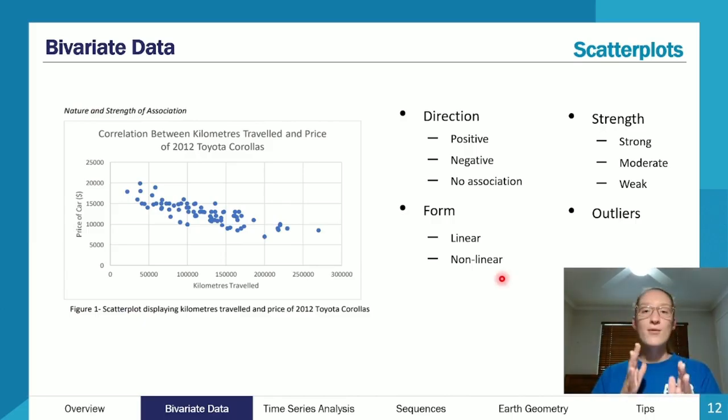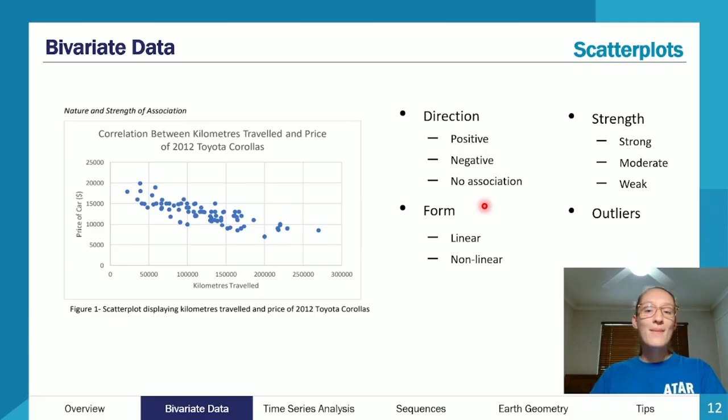So to pause there for a second and make some links to our other content. For all of these, I've just assumed that it's linear, I've assumed that it's negative, and I've vaguely guessed that it's strong to moderate. But what I want to challenge you to think about is whether there are more precise mathematical ways that we could discern each of these. And yes, there is.